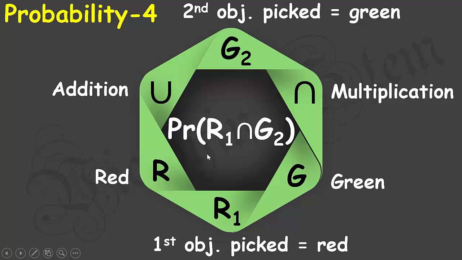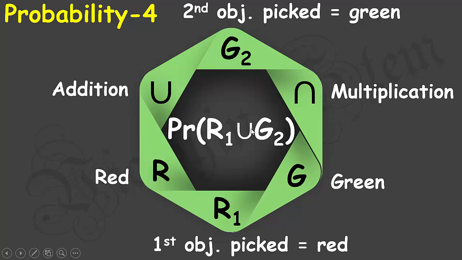Now, what if the first object picked by the person is red or the second object picked is green? How do you represent that? You represent it with the symbol union, R1 union G2, meaning the probability that the first object picked is red or the second object picked is green.